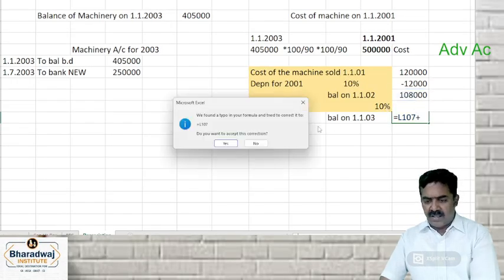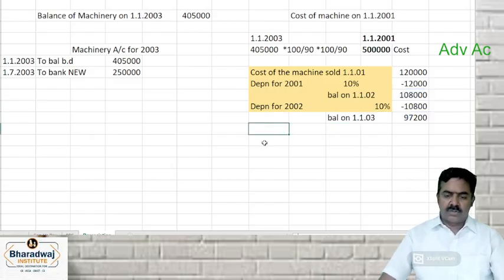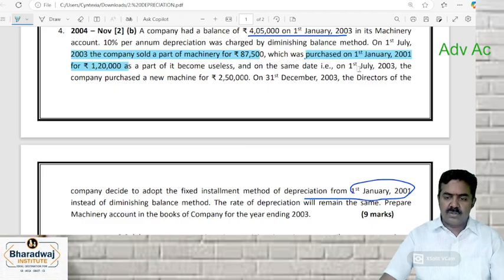Is it sold at the beginning of the year? No. எப்போ சேல் பண்ணிருக்கீங்க? It is sold on what date? July la sale பண்ணிருக்கோம். It is sold in July month.